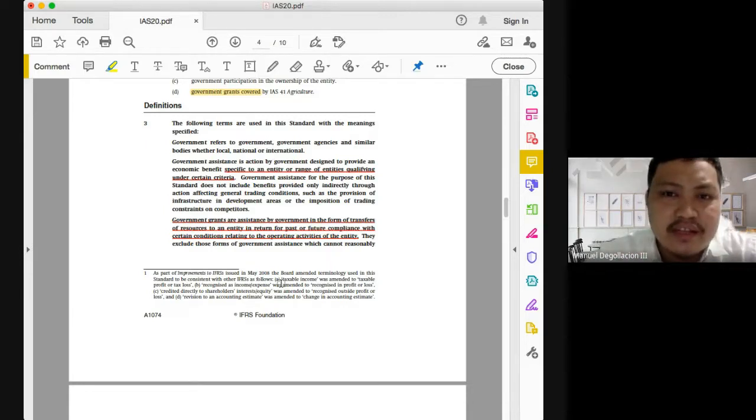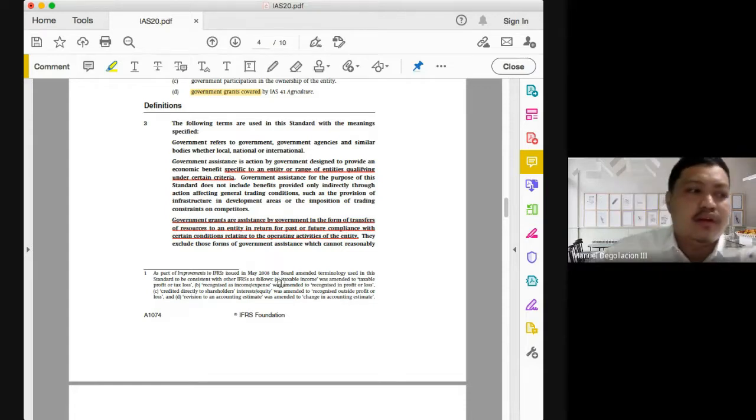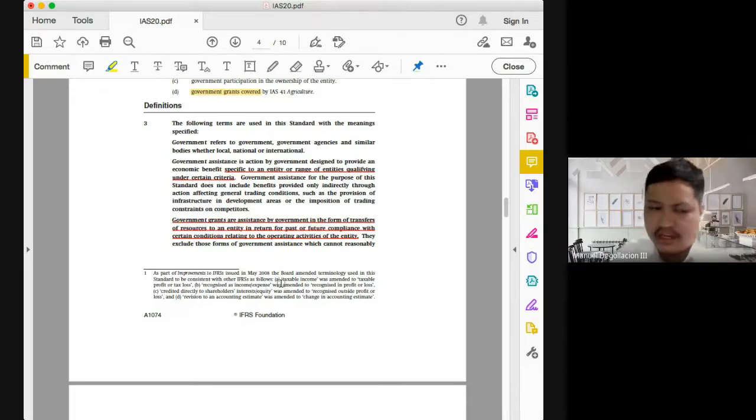For those who really did not bother learning anything for PAS 20, the question will simply give you the definition of government grant. And the choices would be terminologies. Of course, the correct answer would be government grant. Letter A, government grant. Letter B, government assistance. Letter C, government subsidy. Letter D, some other term.